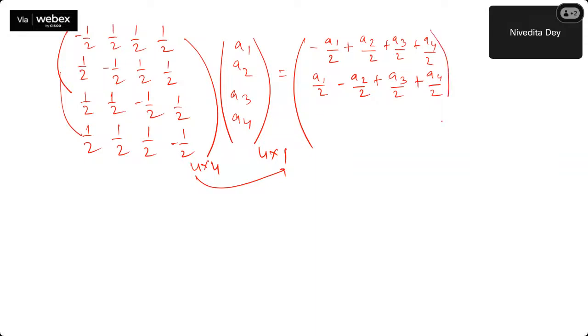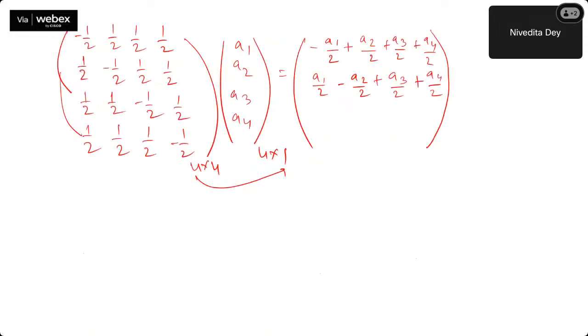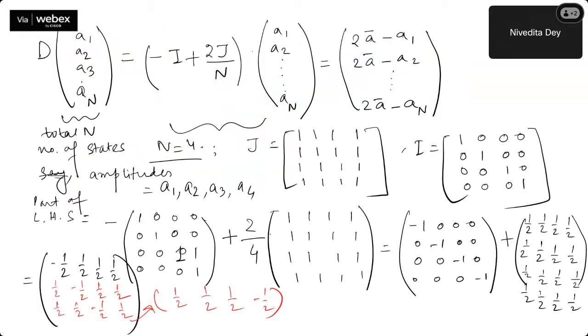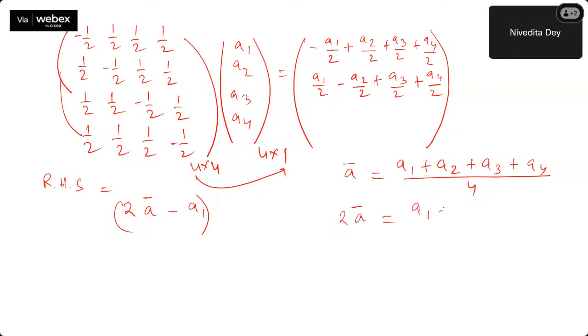Similarly here also, because in the RHS all the values are almost the same, the structure is the same. Let me just take till this one. What was the right hand side expression? It was 2a bar minus a1. So what is a bar? A bar is nothing but a1 plus a2 plus a3 plus a4 by 4. So 2a bar will be nothing but a1 plus a2 plus a3 plus a4 divided by 2, right?